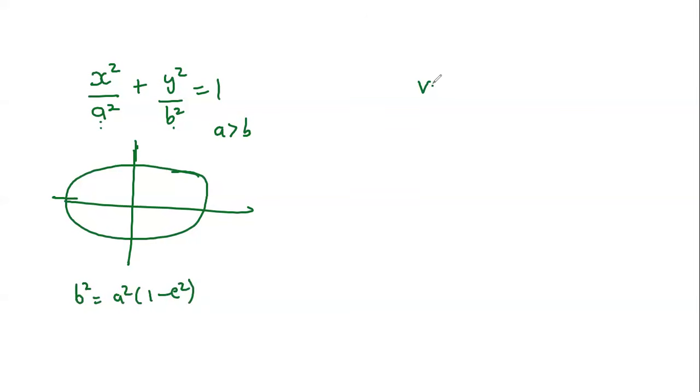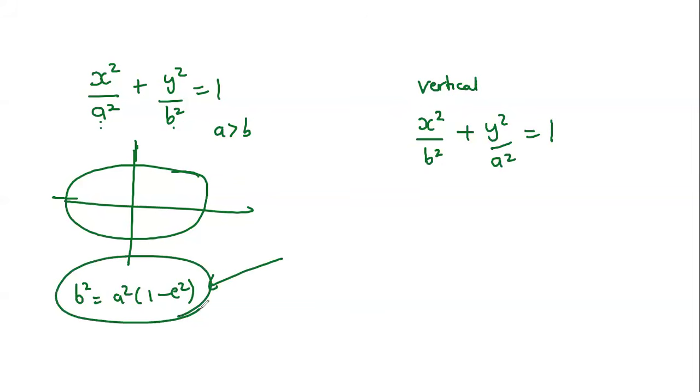However, in case it comes to the vertical one, I'm going to change. I'm going to have x squared over b squared plus y squared over a squared is equal to 1. If I'm to use the general formula for eccentricity, here this is going to be my vertical. That's why I let my a to be 5 and b to be 3, so we interchanged.